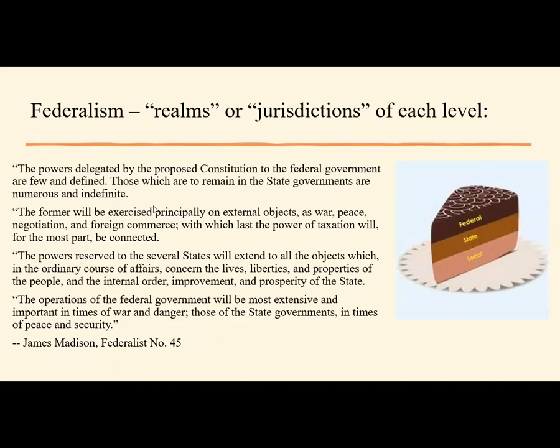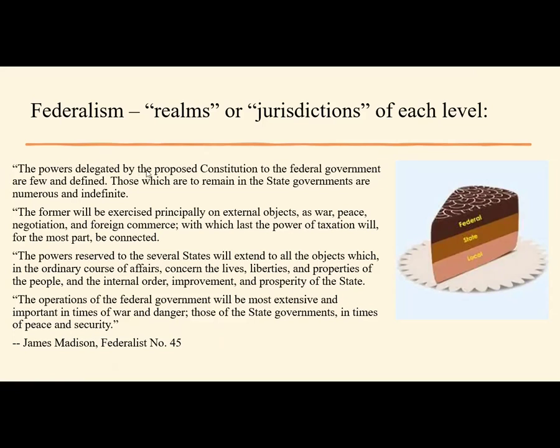As far as the realms or jurisdictions of each level of government, we have one of the Federalist Papers that describes it pretty well, and that's why I've got this up here. This is not one we're reading for the class, Federalist number 45. In it, James Madison describes the realms or jurisdictions of the two different levels of government.